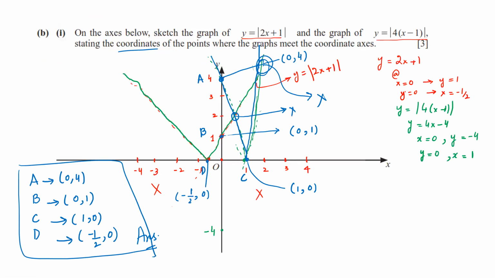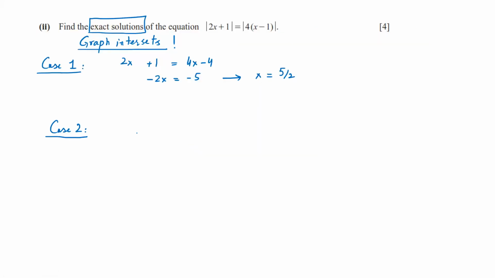So this is the positive side of the graph intersecting with the reflected side. The other case would be 2x plus 1, and adding the modulus sign, it would be minus 4x minus 4.